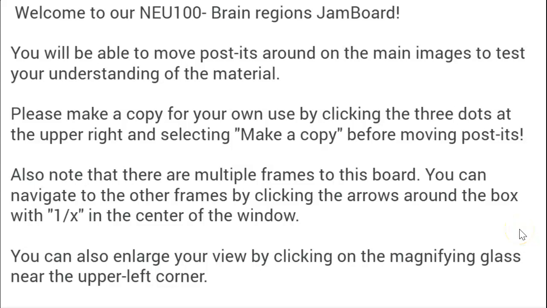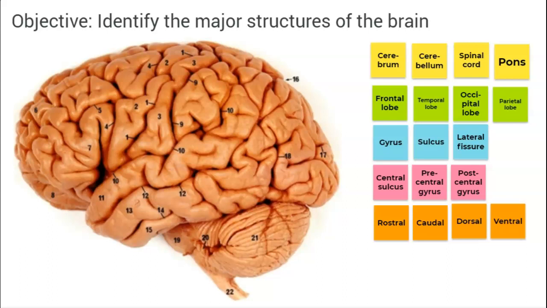Okay, so today we are going to look at brain regions, and I've got a couple of different ways to do it. The first one is to just get you started with identifying major structures on the whole brain, and then we'll also identify the major structures on the half brain. And so the first part of this, I just want to see how many of these things you can identify.